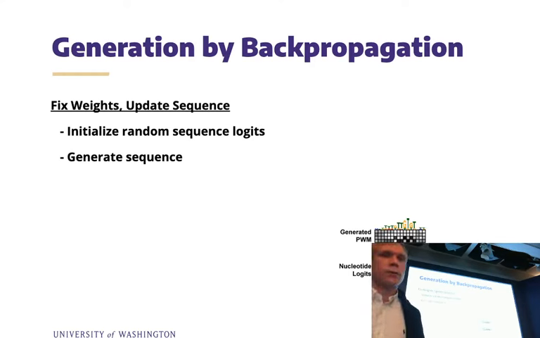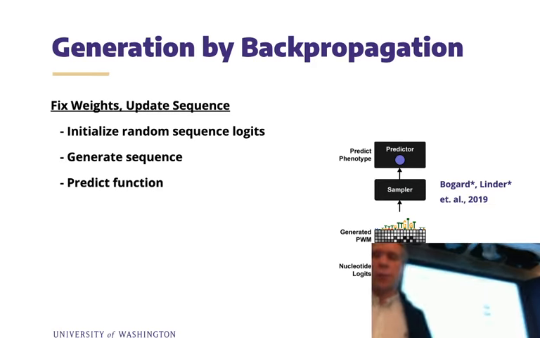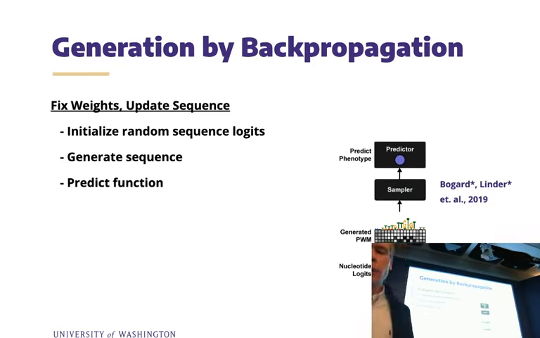You then feed this through some kind of activation layer, for example, a softmax layer, to get your sequence PWM. You then feed some input representation of this PWM to your trained predictor model. In our work, we typically pass this through a sampling layer where you pull actual discrete samples from this PWM. And as far as differentiability goes, we typically pass through the straight-through approximated gradient.